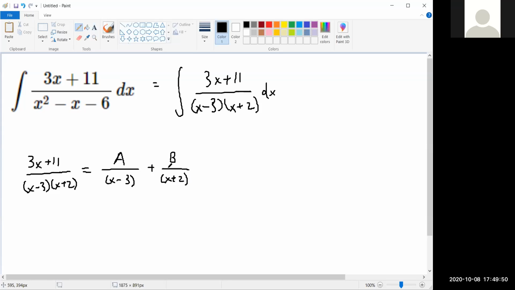Well, we said that these two things are equal. So if they're equal, let's try to simplify the right-hand side. The right-hand side will be A times x plus 2 plus B times x minus 3 over our common denominator.